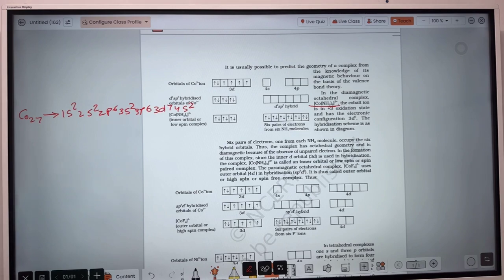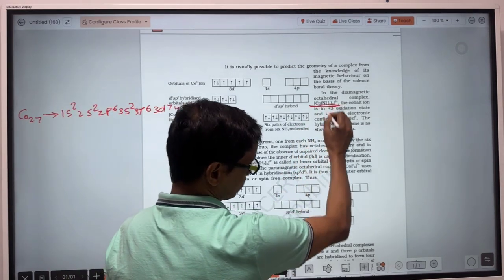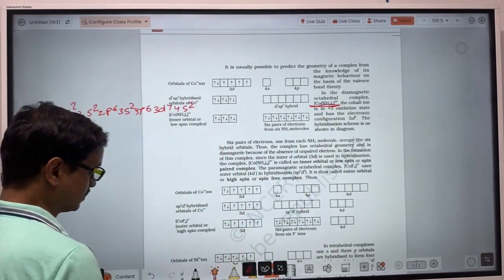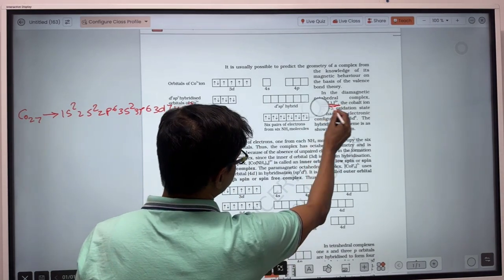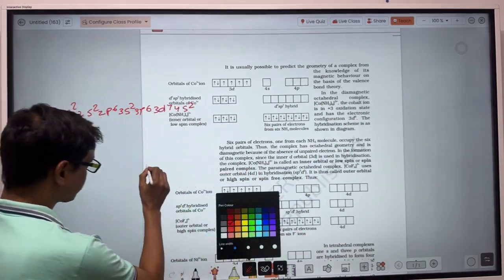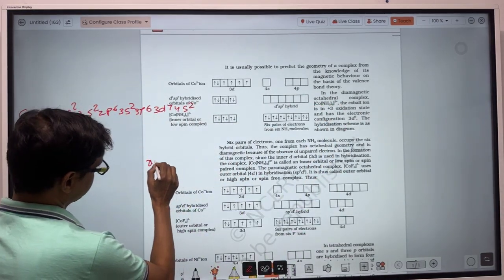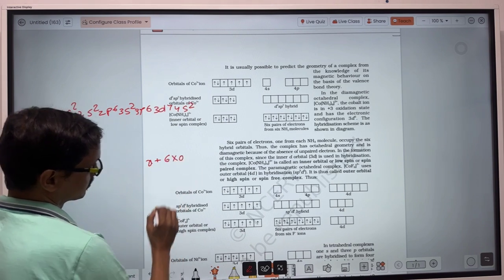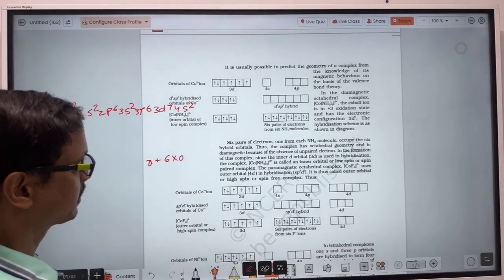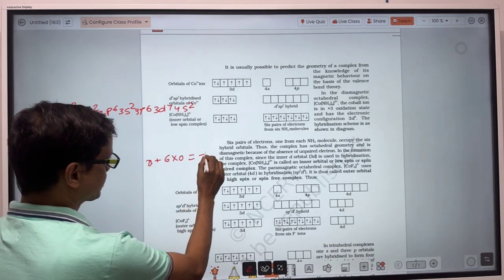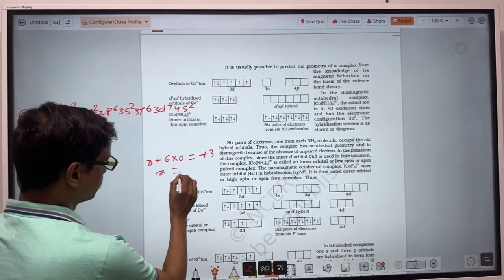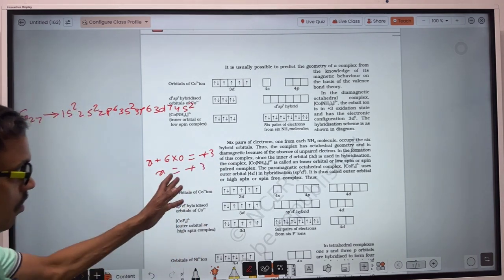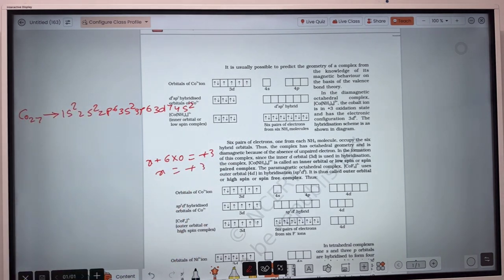The oxidation number of cobalt here is what? +3. How? You may find out. [Co(NH3)6]: X for cobalt plus 6 ammonia, and ammonia is a neutral molecule, so 6 into 0, that equals +3. So X equals +3. So the oxidation number of cobalt is +3.